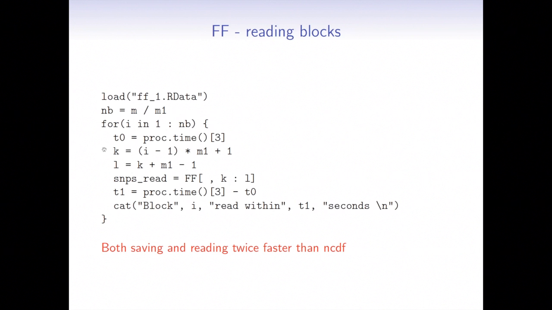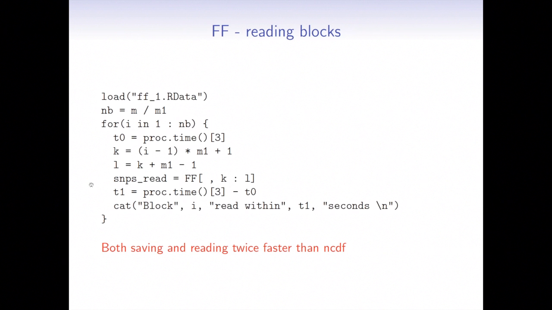And then in the loop, you only have to specify what part of the file you want to grab for the analysis. So again, it works exactly like on the matrix. So I'm just saying that I want all individuals and my block of SNPs.